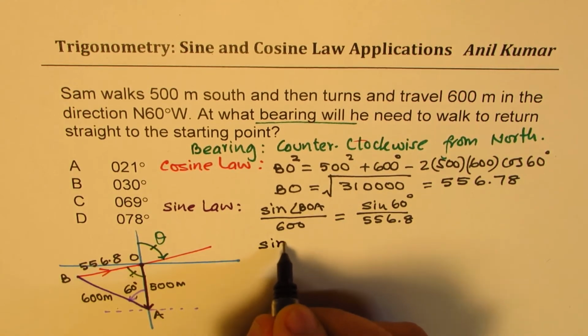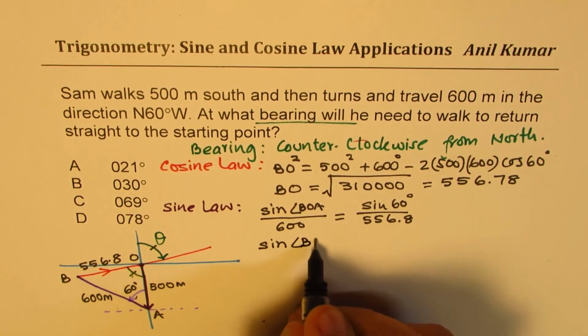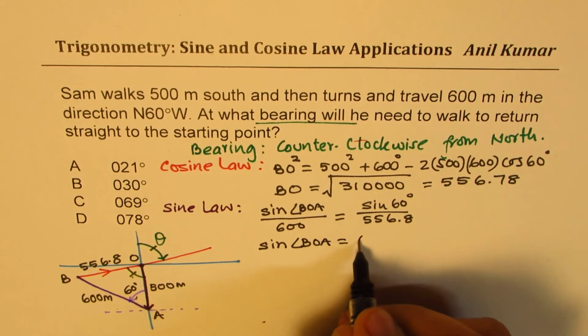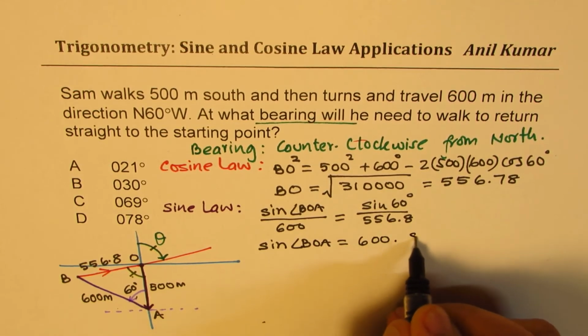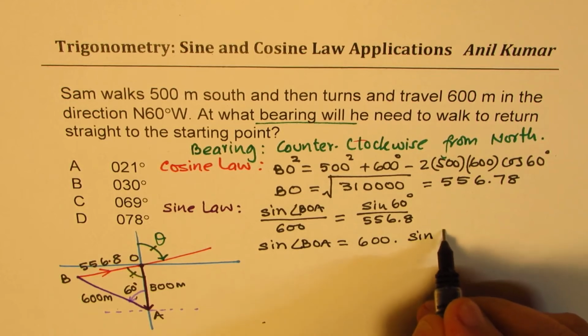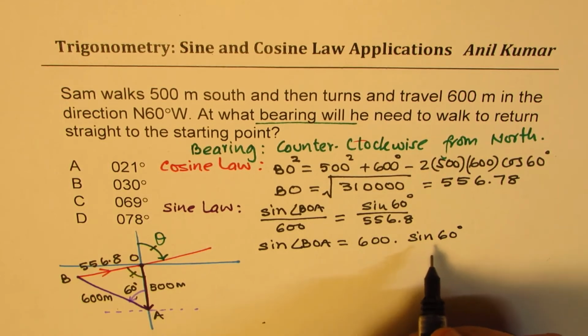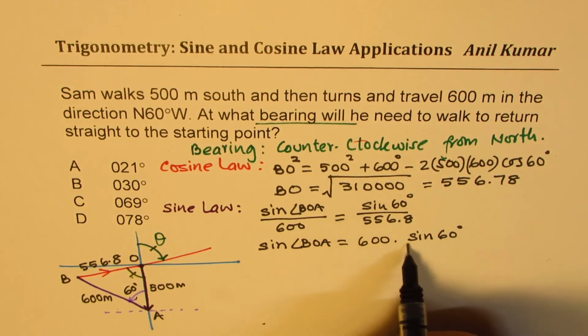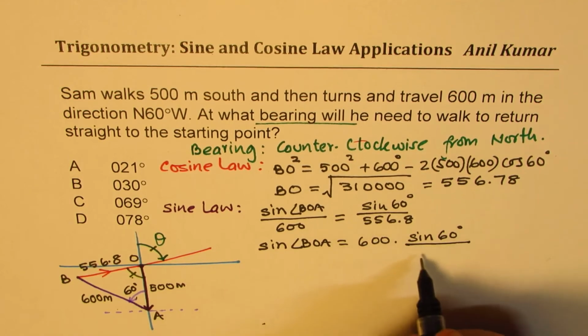So from here we get the angle, right? So we have sine of angle BOA equals 600 times sine of 60 degrees over 556.8.